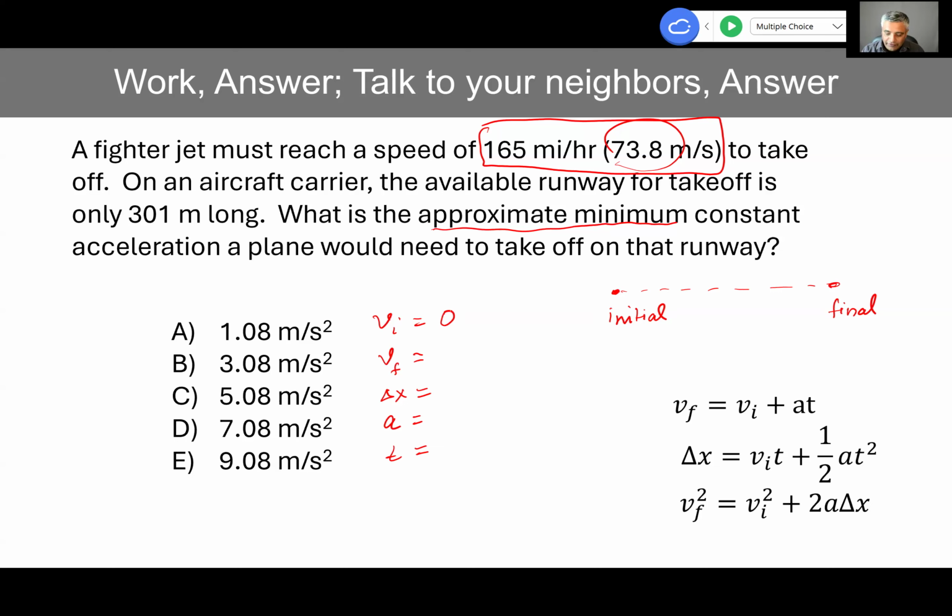Final velocity. It says the jet must reach a speed of that much to take off. So the final speed is that. After takeoff, what happens? We're not interested. We are just interested in the motion during which the jet is on the runway. So this is the final speed.